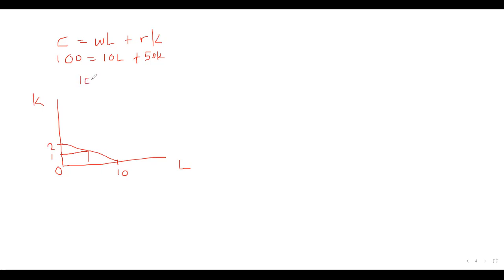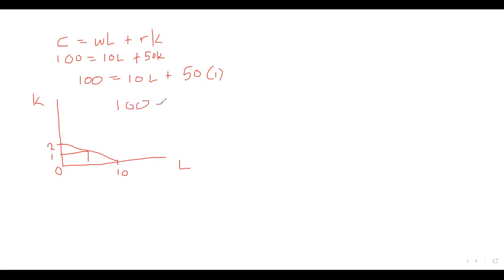So 100 is equal to 10L plus 50K. Where there's K, we're going to put 1. So we're going to solve for L. So 1 times 50 is 50. And the 50 goes aside, it will be 100 minus the 50 that we have here.